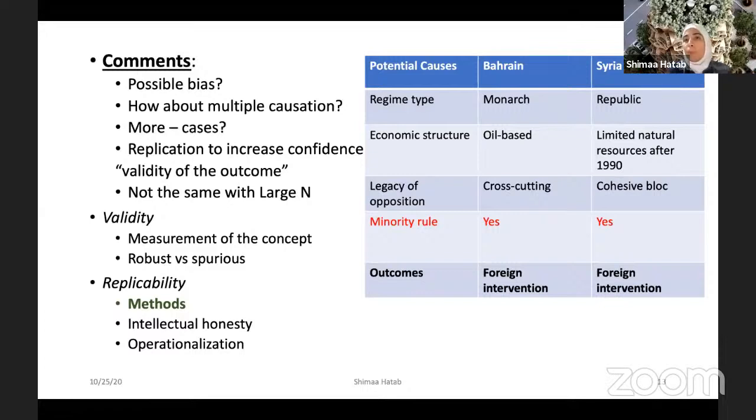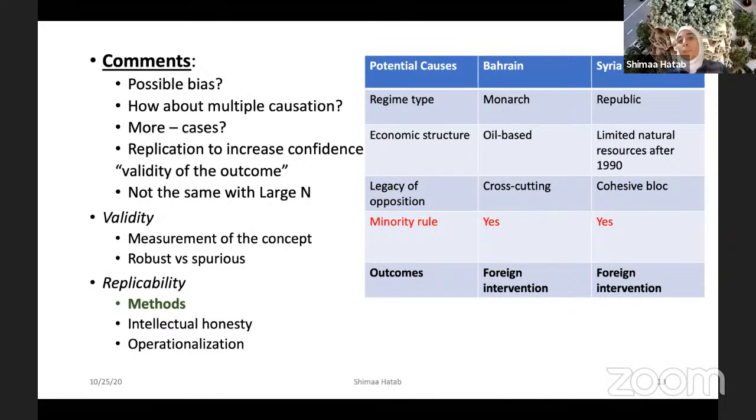Regime type: Bahrain is a monarchy and Syria is a republic. Economic structure: Bahrain has an oil-based economy, while Syria had some oil reserves, but after the 90s the economy is not centered on oil production.